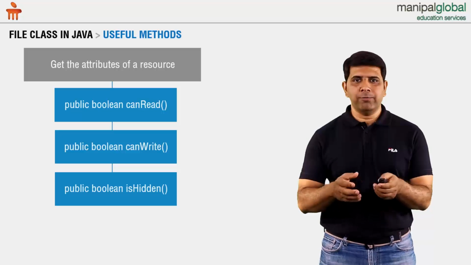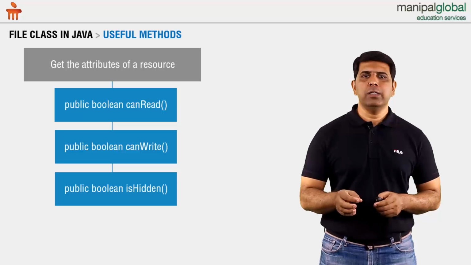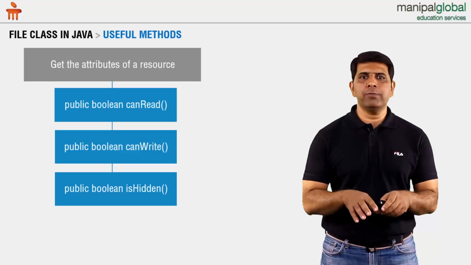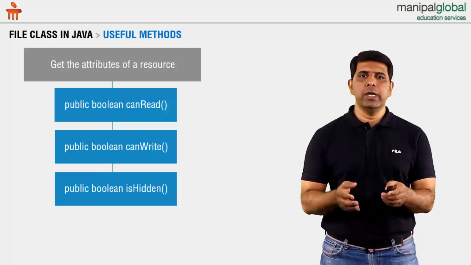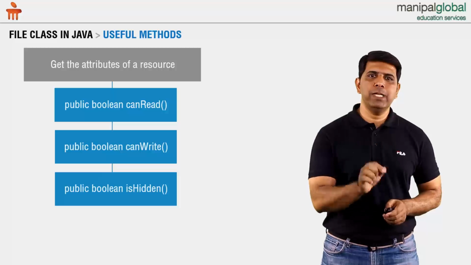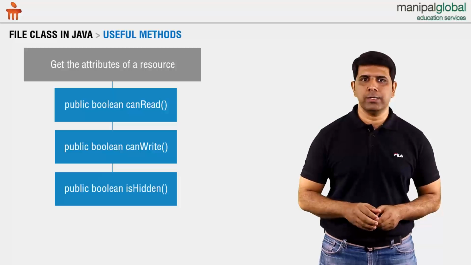Similarly, there is a function isHidden that simply says, is this particular file or folder hidden? Before you use all these, it's a good idea to check if d.exists returns true or not.